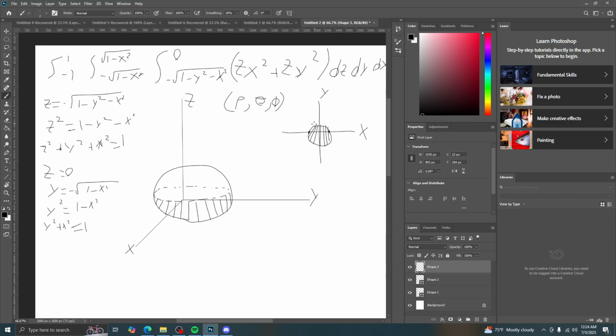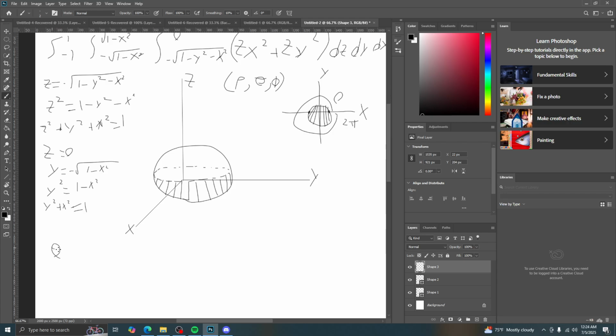Since the entire unit circle through every quadrant is being used, it's going to go from 0 to 2 pi, which is the same as cylindrical. Because remember, theta is the same conceptually for both cylindrical and spherical. So that means that theta is going to be from 0 to 2 pi. And that'll be our theta bounds.